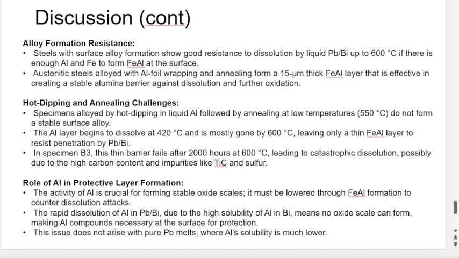This issue does not arise with pure Pb melts, where aluminum solubility is much lower. So in this case, we can see that liquid Pb only or pure Pb may give a better condition in terms of corrosion attack.